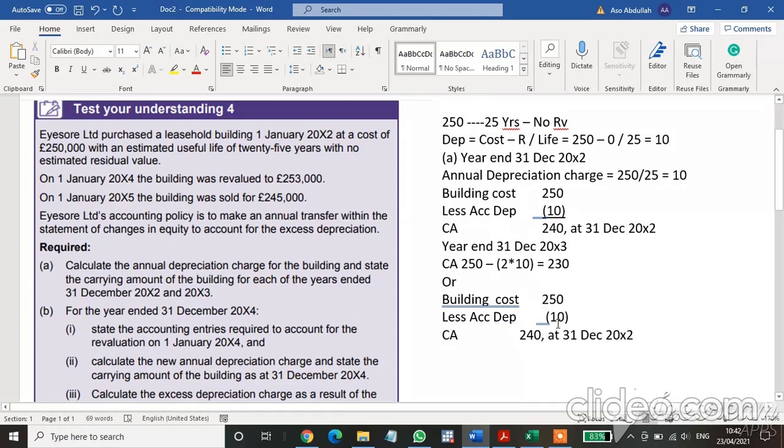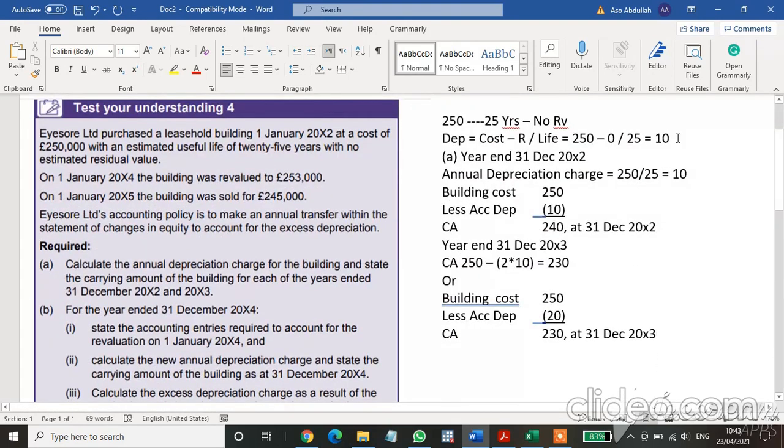Accumulated depreciation means total depreciation so far for 2 years, which is going to be 20,000, and the carrying amount is going to be 230. So our building is worth 230 at 31st December 2003. So this is the answer for A.